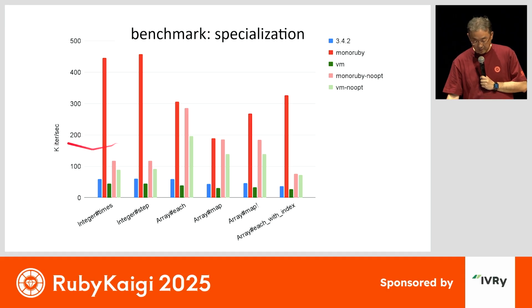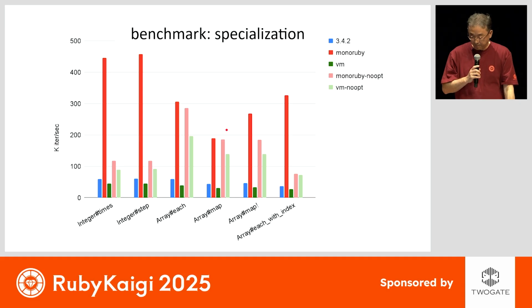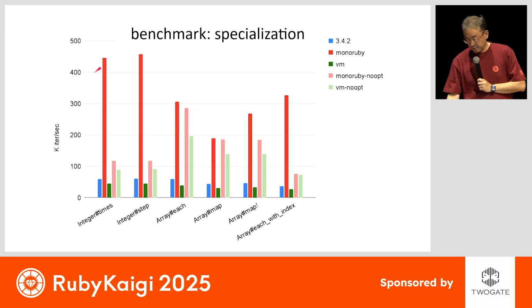So this is a benchmark for specialization. And this shows kilo iterations per second. The higher, the better. These are various methods like Integer#times, Integer#step, or Array#map. The red bar shows monoruby, and the blue bar shows CRuby 3.4.2.